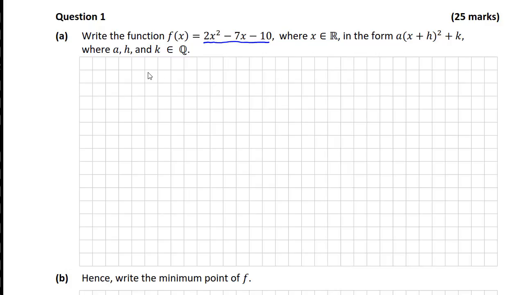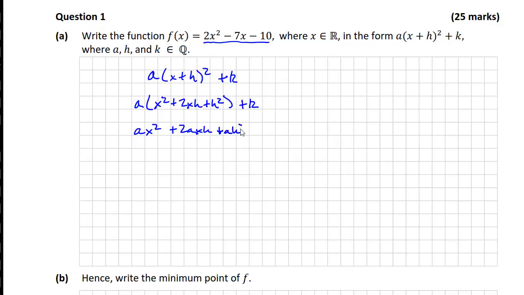We are given this, so if we say a times (x plus h) squared plus k, and we multiply this out, we get a times x squared plus 2xh plus h squared, plus k, and we get ax squared plus 2axh plus ah squared plus k. And if we write this f of x down here, we have 2x squared minus 7x minus 10.